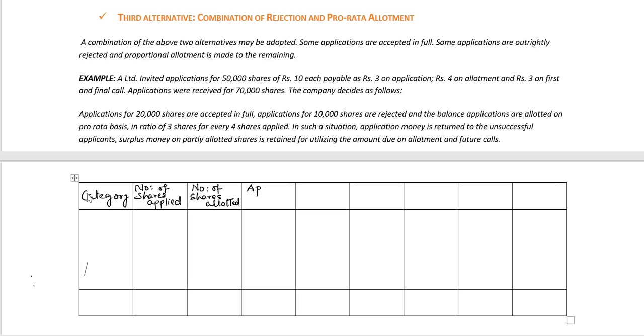Next, application money received. Next column, application transferred to share capital.